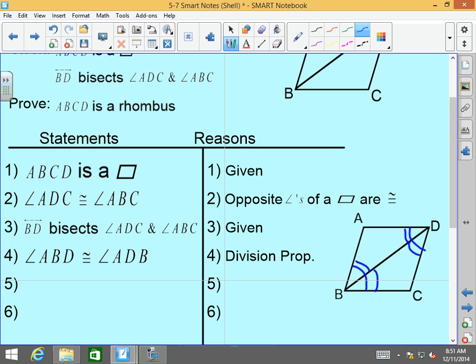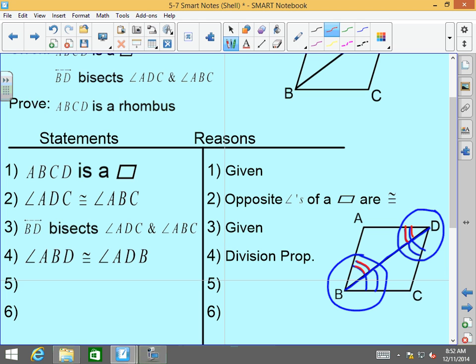I had told you before that ADC is congruent to ABC because definition of parallelogram. If I tell you that BD bisects ADC and ABC, that means it cuts it in half. So that means that ABD, which I'll mark in red, is congruent to ADB because of division property. If you cut a congruent angle in half, then the halves are congruent.